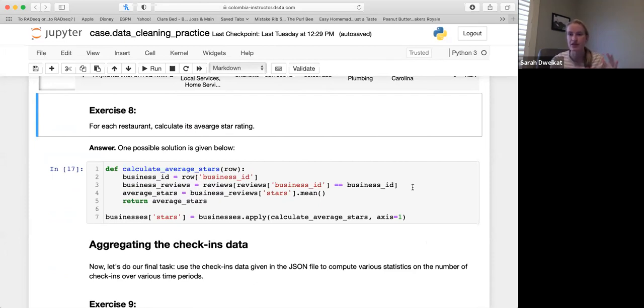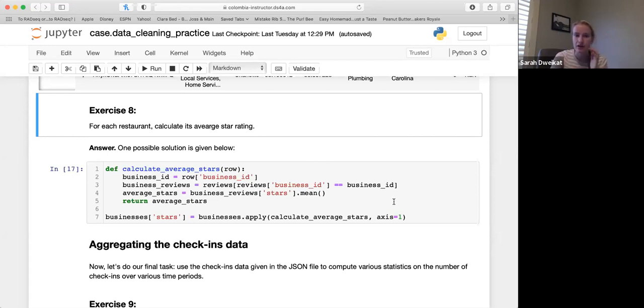If it's equal, then we want to take the mean from the stars column for those where the business ID is equal, so that we are only taking the average rating for a particular business and not the average of all of the stars. We want to put all of the same business IDs together, which is what this is doing.